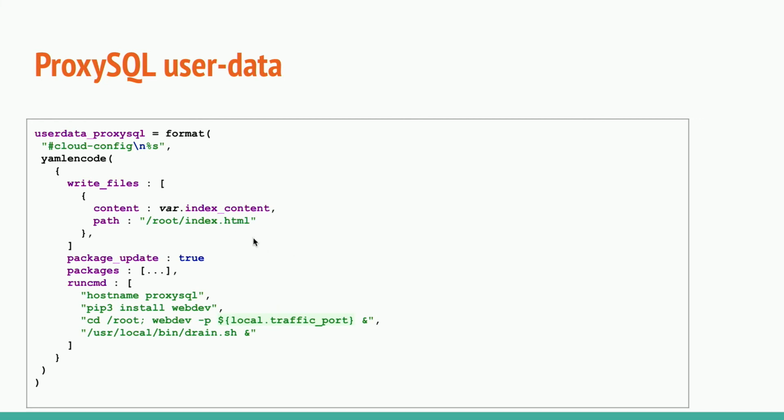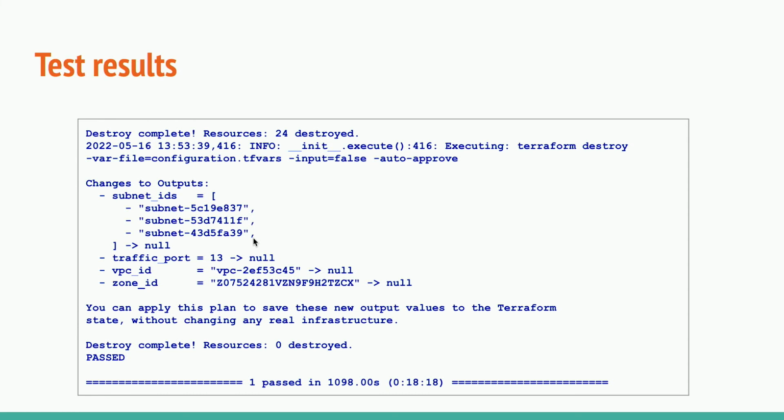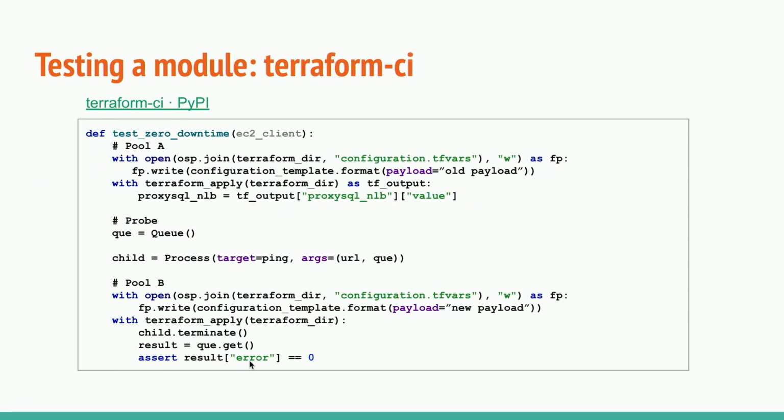Very simple. And then I run it and just make sure that this validation code is correct. You can add any validation logic here, but in many cases, for me, it's enough that terraform apply doesn't fail.